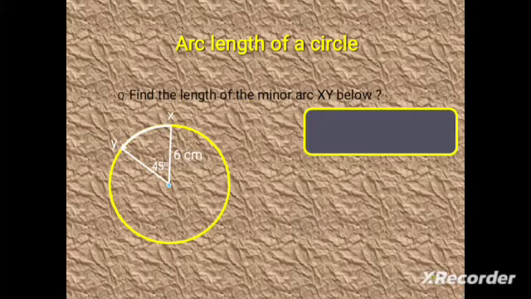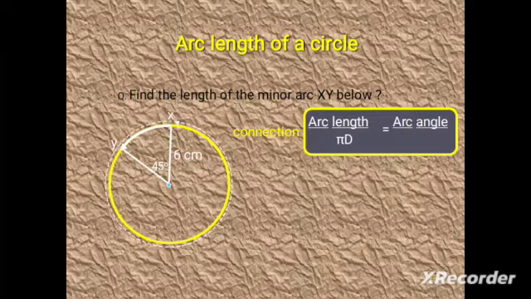Now we have the connection that the arc length is a portion of the circumference, and the circumference is the distance all round this circle, and so given by pi d. So we shall have the arc length over pi d, that is the circumference, equating to the arc angle over the total angle in a circle, that is at a point 360 degrees.